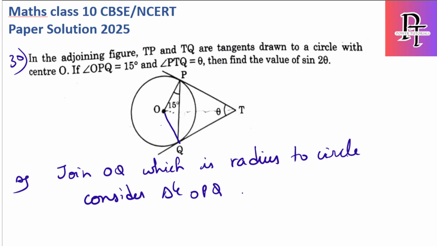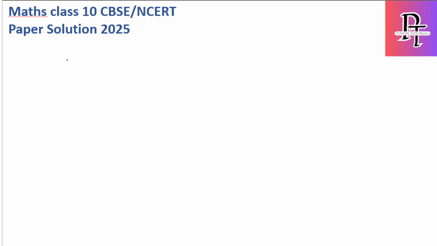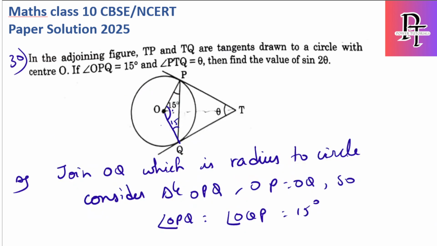If you consider this triangle, OP is equal to OQ, so angle OPQ should be equal to angle OQP, which is 15 degrees. So this angle is 15. So if you consider all the angles of the triangle, then angle POQ plus 15 plus 15 should be equal to 180 degrees. So angle POQ is equal to 180 minus 30, which is 150 degrees. So this angle is 150.